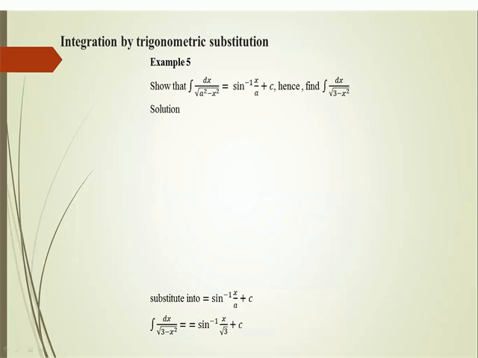You remember when you integrate dx, what will it give you? It will give you x. Let me explain. By the time you integrate dx, it is the same thing as when you integrate x raised to power 0 dx, because anything raised to power 0 is equal to 1.